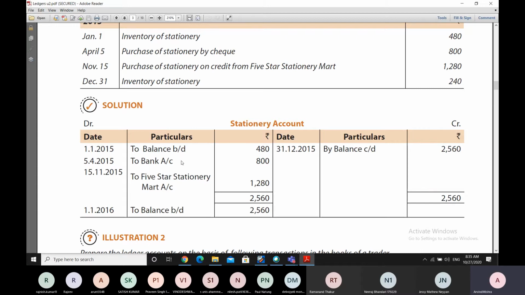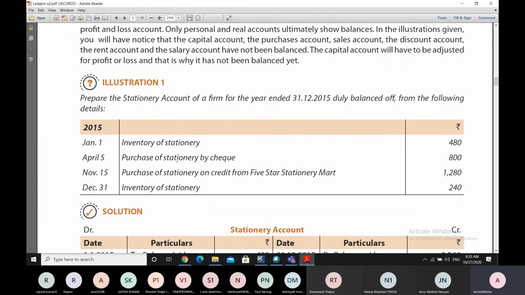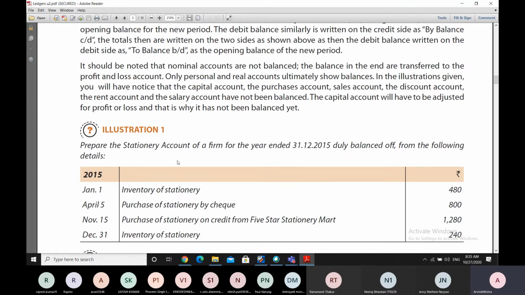So we had looked at the third rule where we had said that while posting in the ledger, when we debit any account, in the description we write the details of the account which is credited. I'll just show you the rule once again.